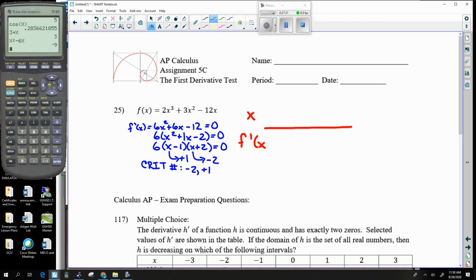Again, when they give you multiple critical numbers, make sure you put them in chronological order. So, for instance, the -2 comes before the +1.